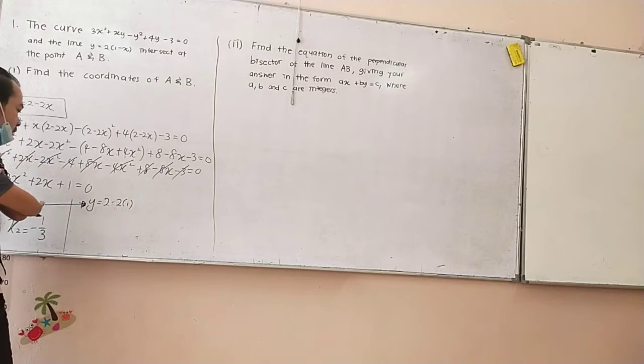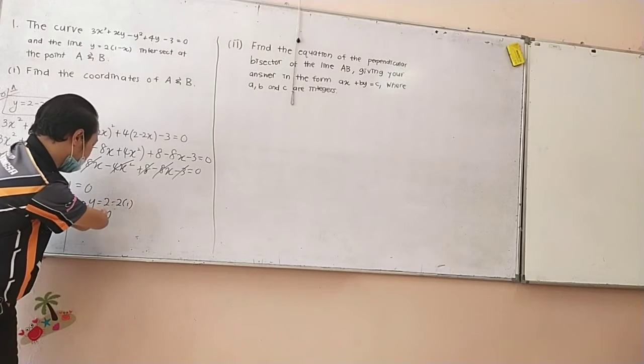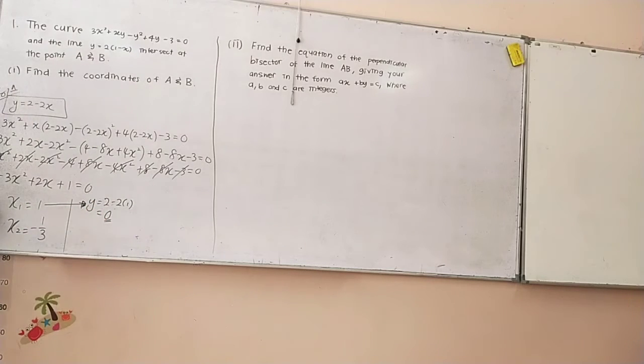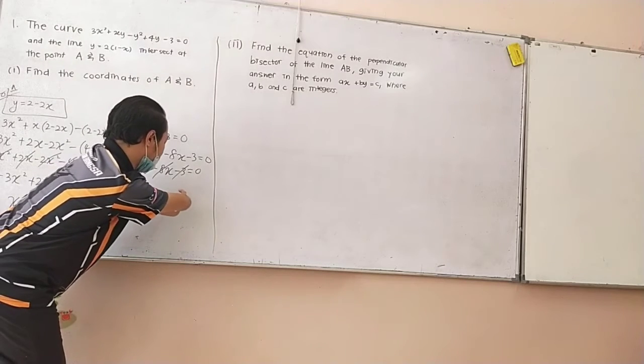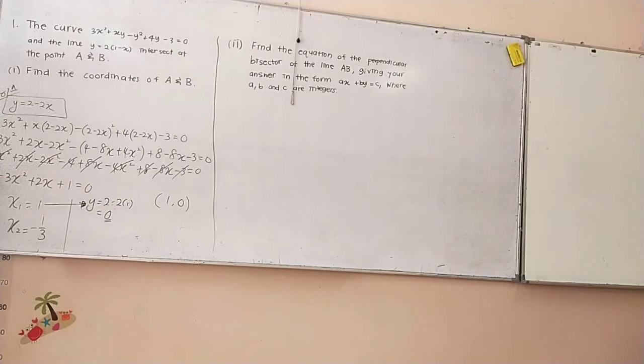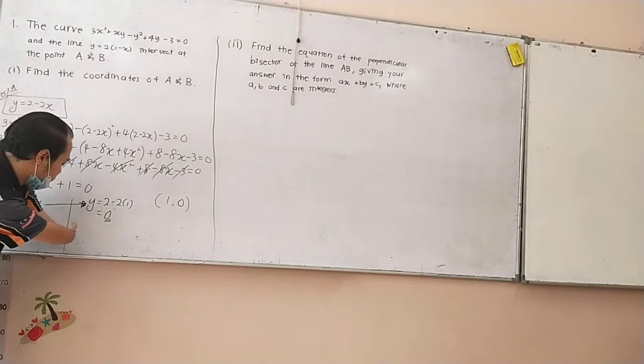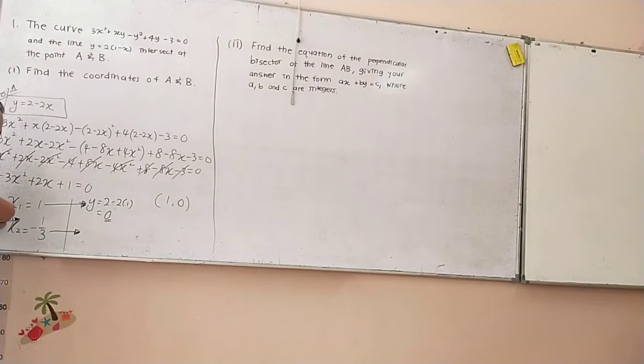So y is 2 minus 2, equal to 0. So the first coordinate is 1, 0. You have that? So that's the first coordinate. Second coordinate, same.